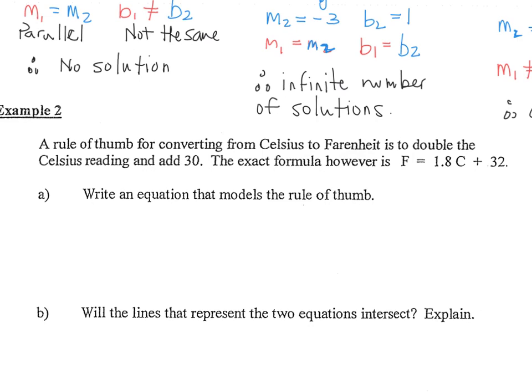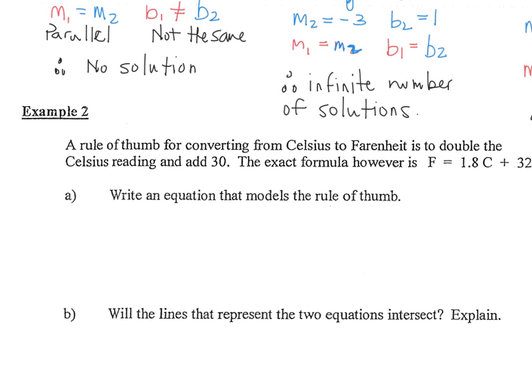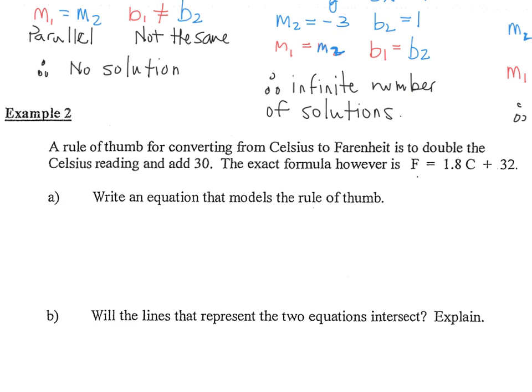This is the exact formula that they give you, that you should be using, but what they say is, to get a rough idea, double it. So instead of using 1.8, we're going to use 2. So the quick way to figure it out is to do 2 times your Celsius reading and then to add 30. And that gives me a rough idea of what it is. And that's all that means.